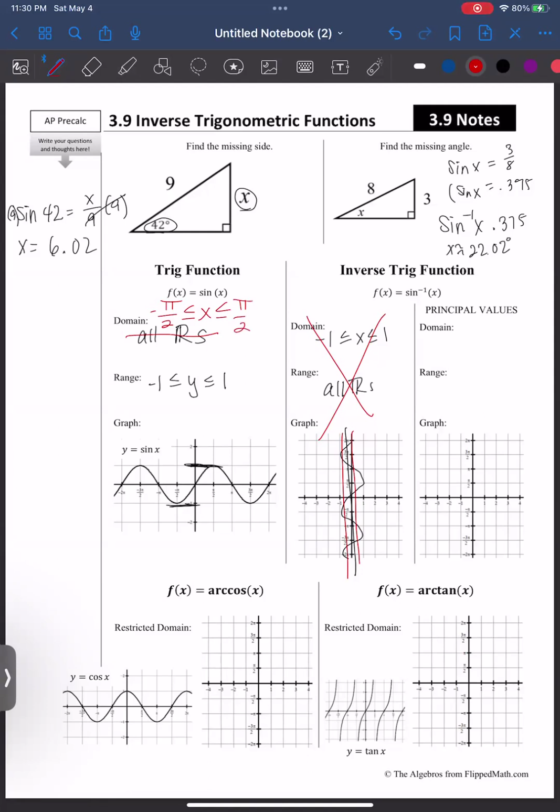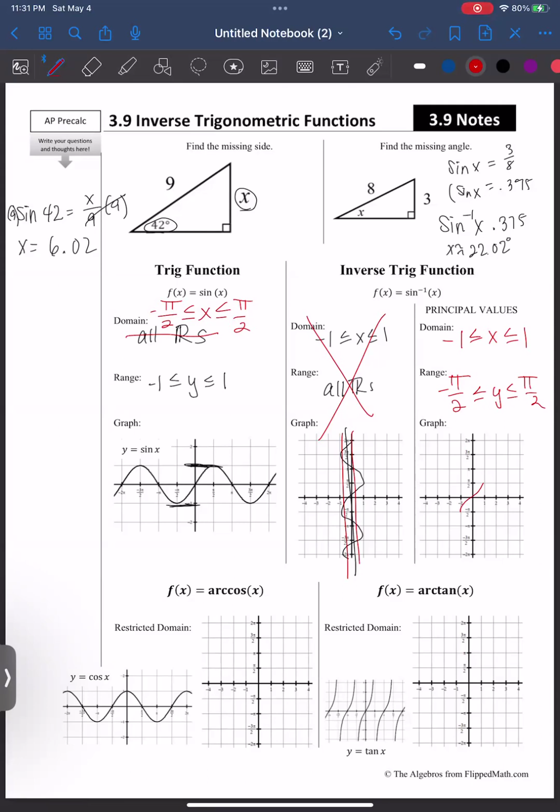So that way when I switch them, my domain is still that -1 to 1, but my range is now within negative pi over 2 and positive pi over 2. And then if I graph that, rather than graphing the entire function, I'm only graphing this little tiny section. That makes it so that my function actually works.